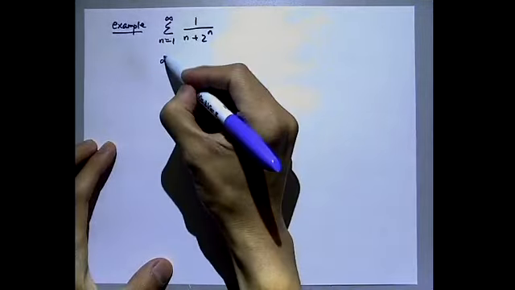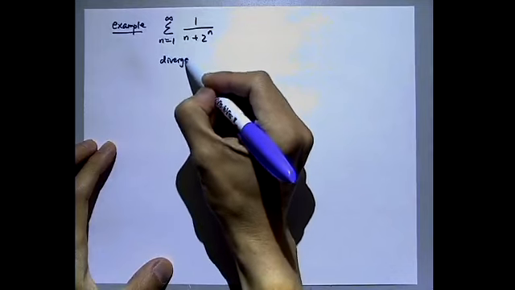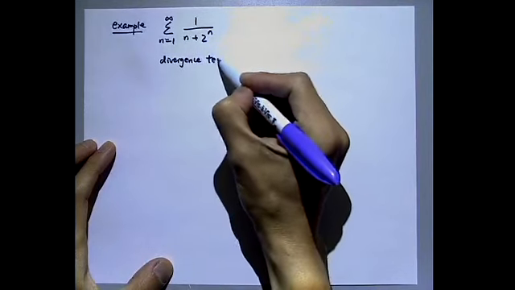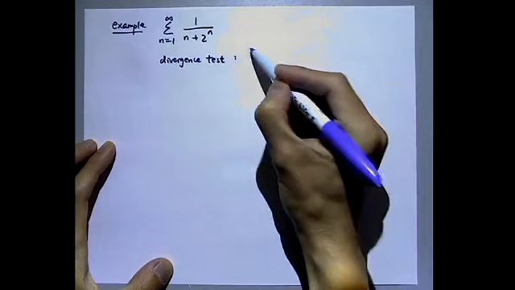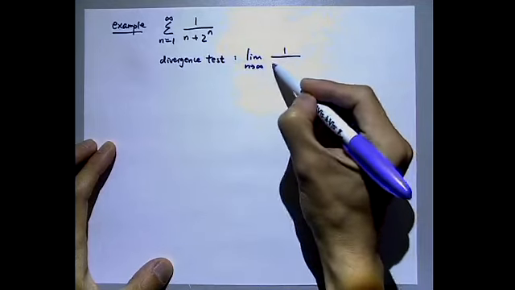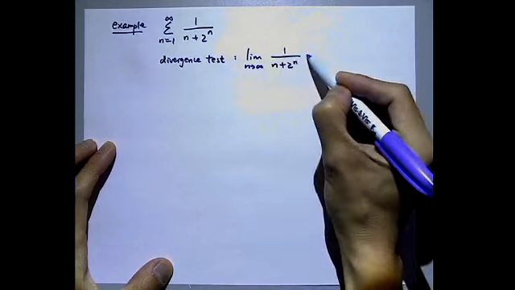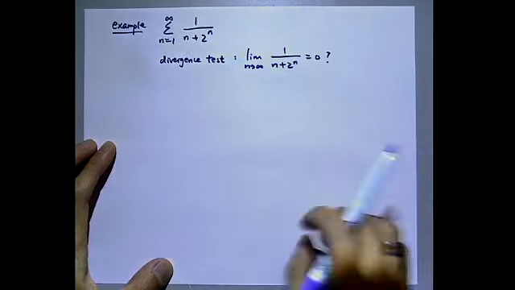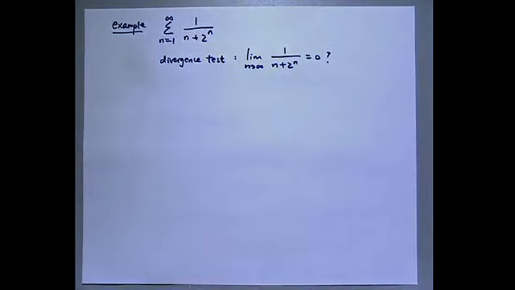And as usual, before we even choose a test, do the first thing you always need to do. Apply the divergence test right away. We want to see this thing go to 0.